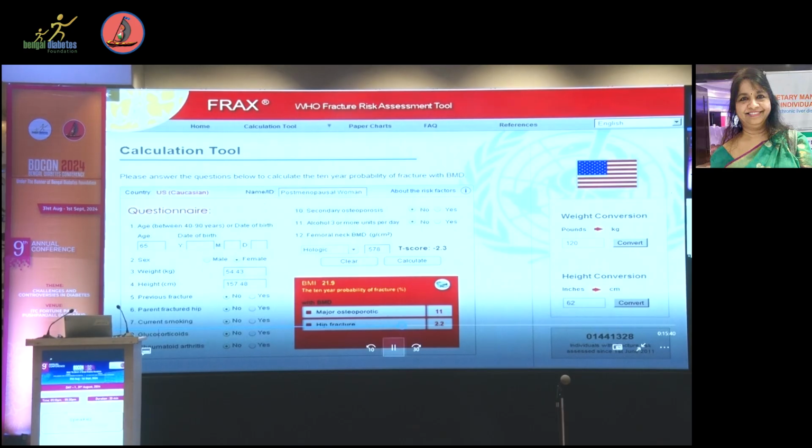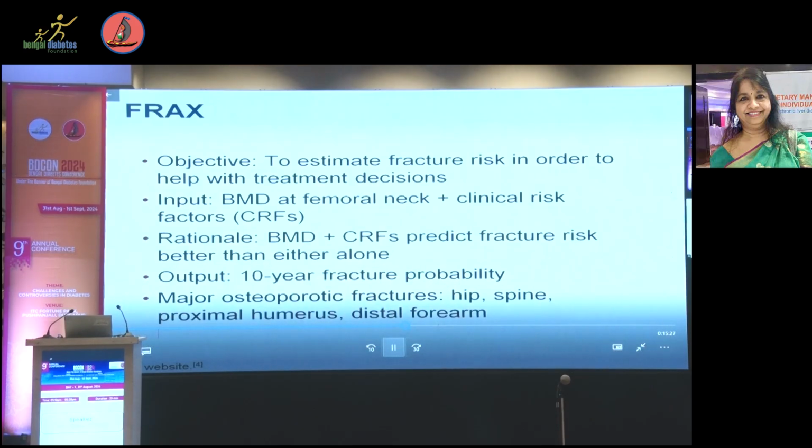So we feed in the situation of the patient and the risk factors, and it comes up with major osteoporotic fracture risk and hip fracture risk, and based upon what that shows, we know the risk for fractures in the patient.